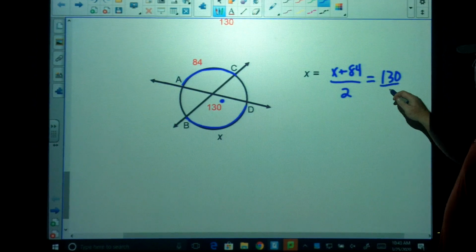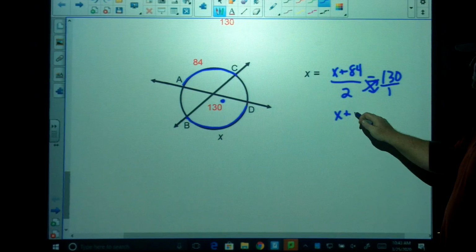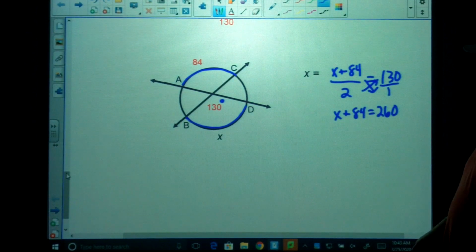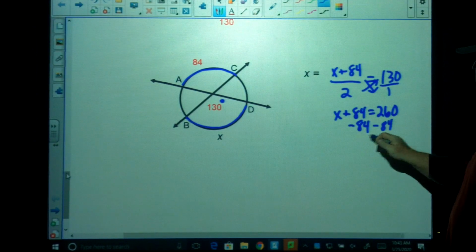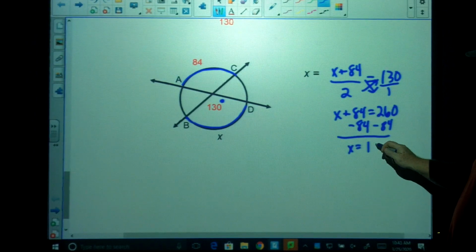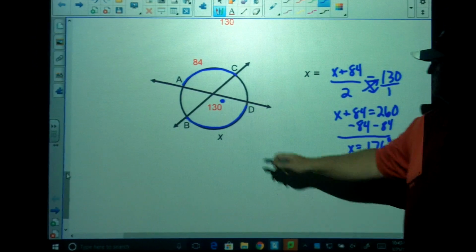So if we cross multiply that, we get x plus 84 equals 260. Subtract the 84, so x equals 176 degrees.